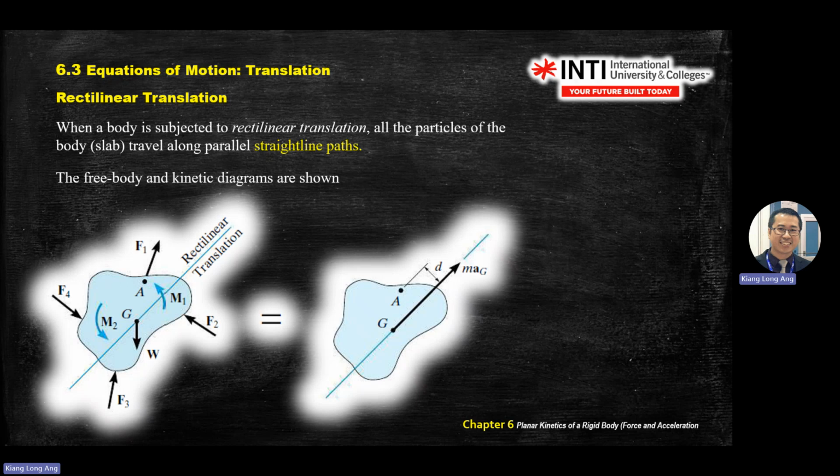Okay. Now, when you move in a straight line, again, this diagram is F equal to MA, still the same. What you need to know is that you have a reference line, where your F is acting, and so on, equal to MA. So you only need to know where the center of gravity is moving.